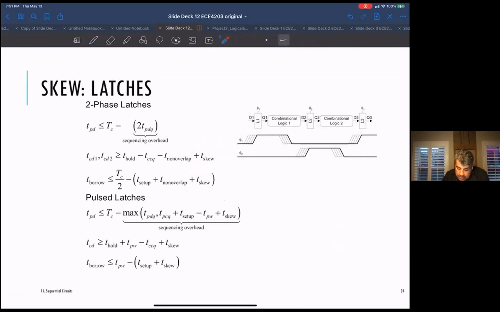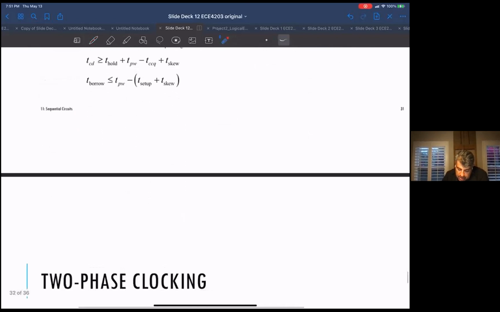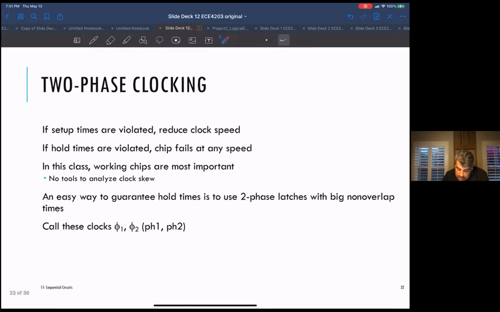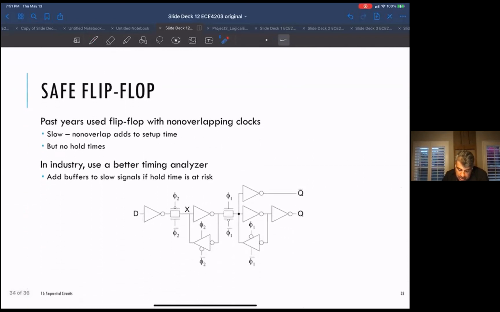The skew doesn't really affect your prop delay, but it does affect your contamination delay in these two-phase latches. But again, I don't think it's really a viable option. This is like some propaganda on why two-phase clocking is good.